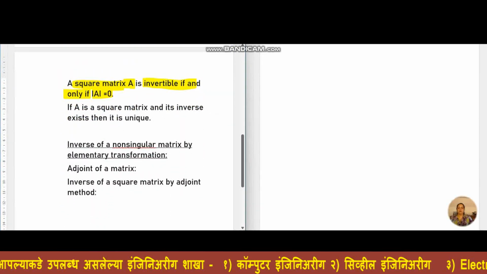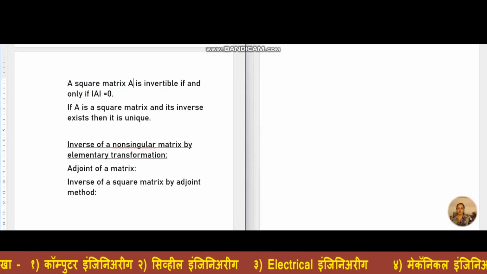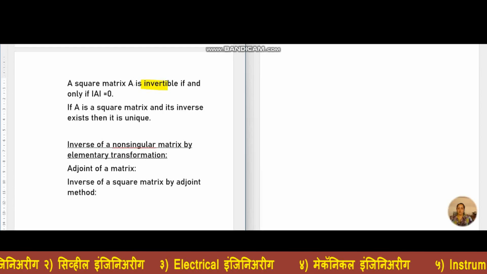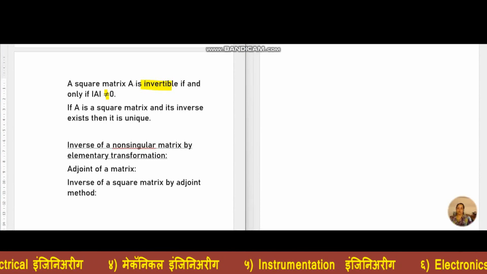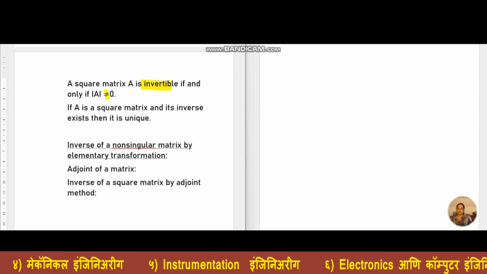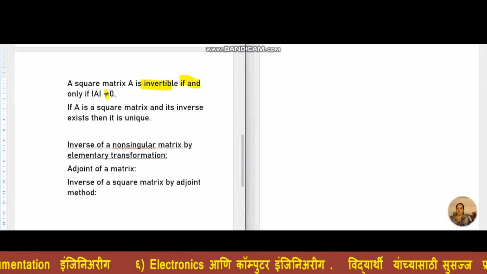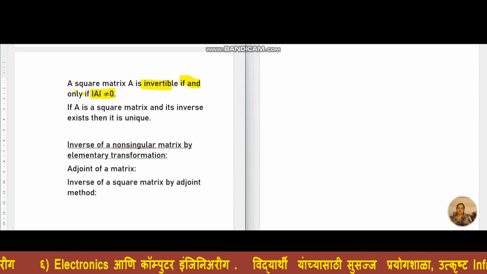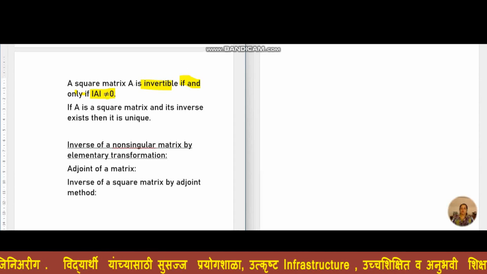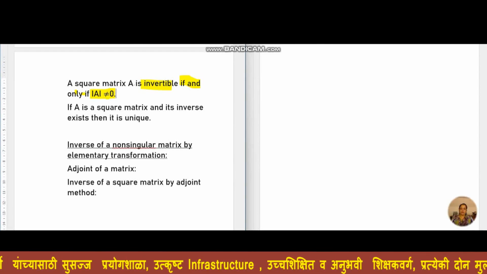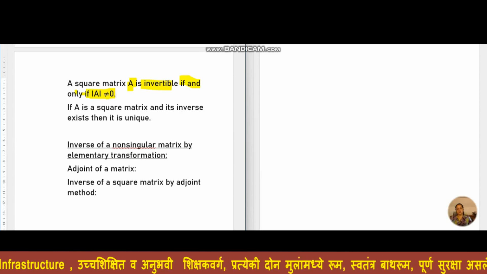Now the criterion for invertibility. A square matrix A is invertible if and only if the determinant of A is non-zero. That is, if we want to find the inverse of any matrix, then first of all calculate its determinant.